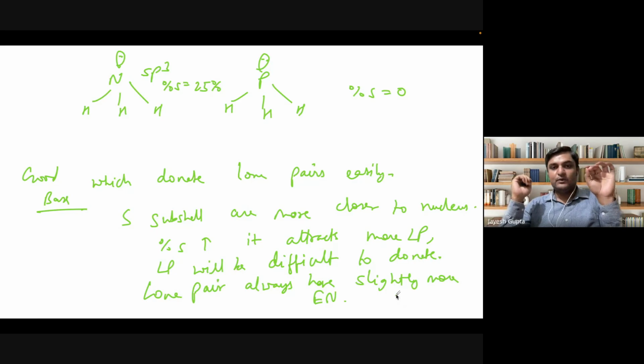But since it is a lone pair, it will have much more than 25%. And for hydrogen sp3, since some part of the percentage is given to lone pair, hydrogen's percentage s character will decrease, so that will become like 25 to 23 or 22. So even sp3 also varies between lone pair and atoms. So this you have to remember.